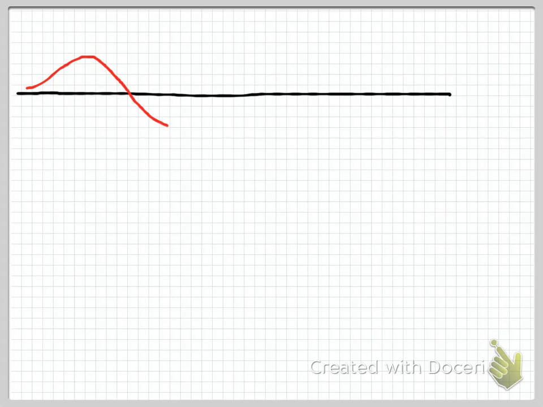One of the cool things about doing this is we can actually graph this on the Doceri. So if we take this as our equilibrium position, and it's nice because we can use two different colors here, we have one wave that looks like that. And we take another wave that looks like that.